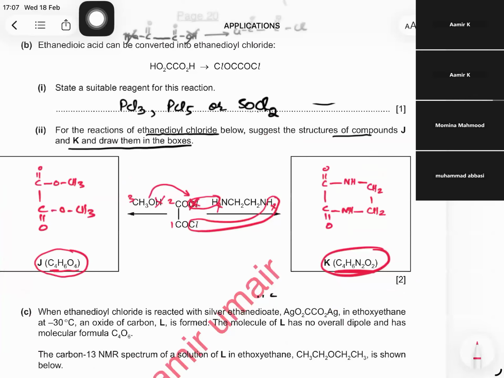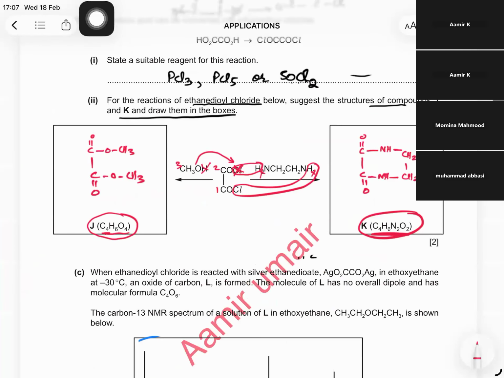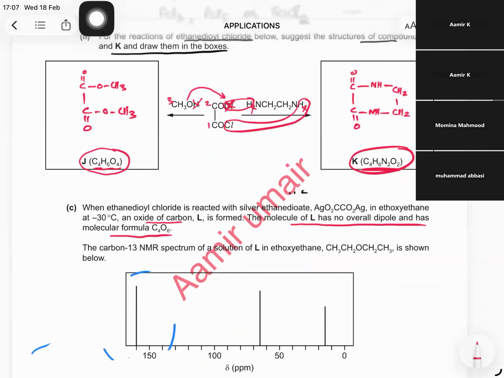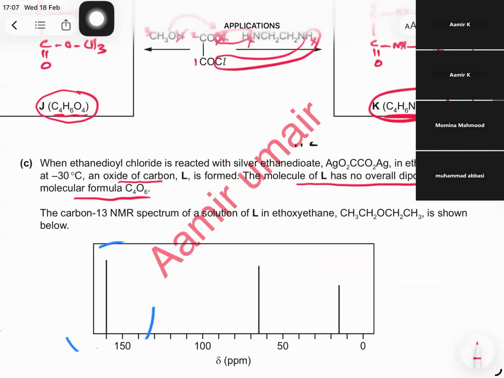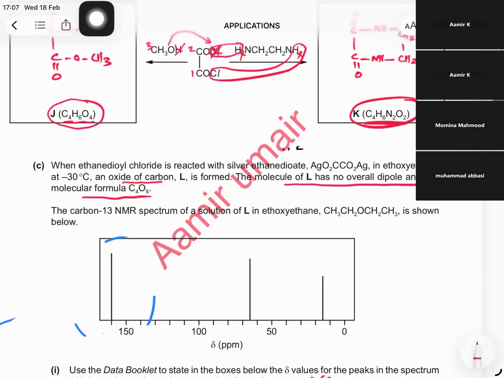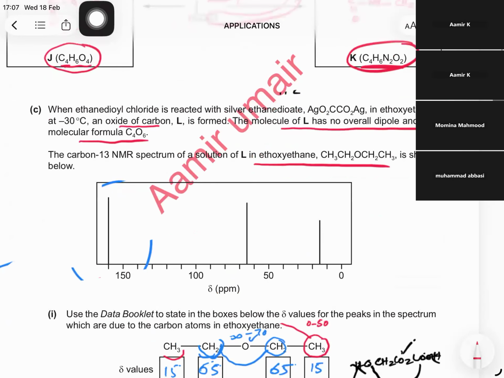Okay? Now, when the diethanoyl reacted with silver, this, in ethoxyethane, an oxide of carbon, L, is formed. The molecule of L has no overall dipole and has the molecular formula C4H6O. Right? C4H6O. All right? Okay, the carbon-13 spectrum for the solution of L in ethoxyethane is shown below. Use the data in the table.